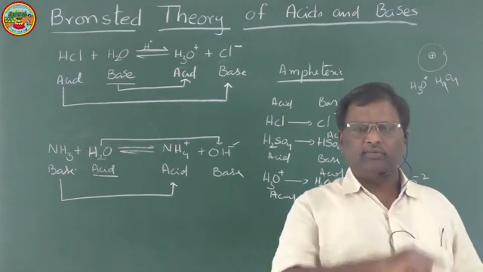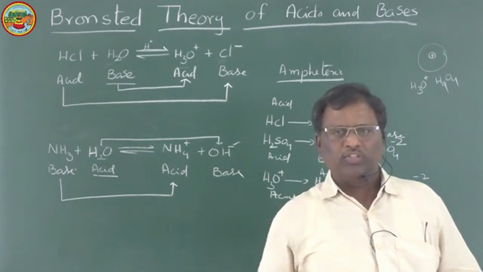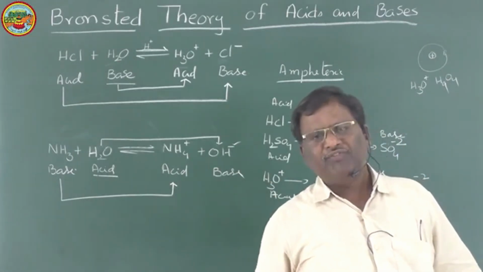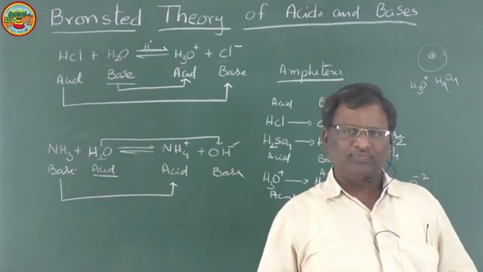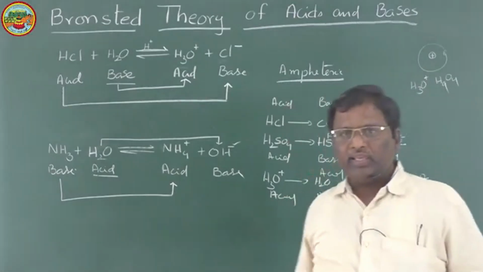And the third one is amphoteric substances. Those species which can donate as well as accept a proton are said to be amphoteric substances. And in terms of proton, solvents can also be classified.